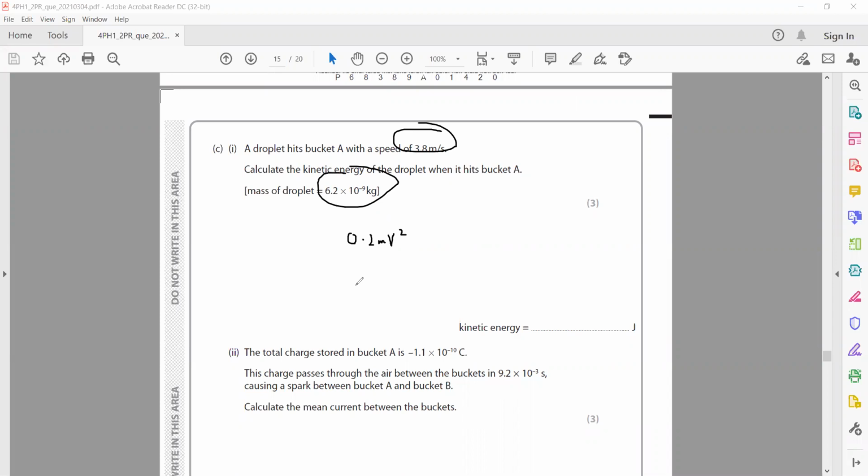So this will be 0.5, sorry, half, 0.5 × 6.2 × 10^-9, and then 3.8 squared. We get the kinetic energy, which comes out as 4.5 × 10^-8 joules.